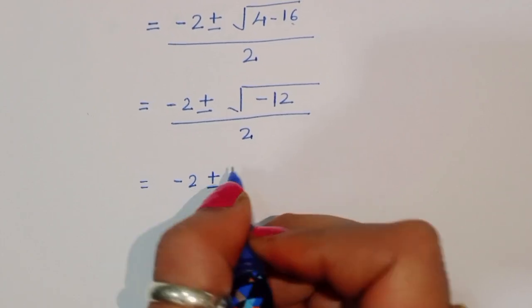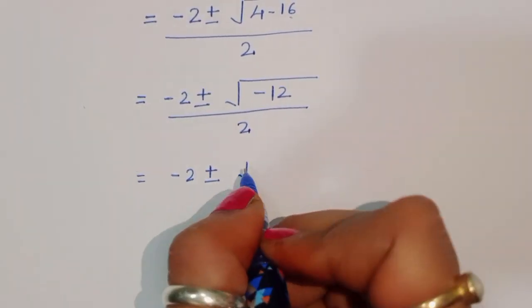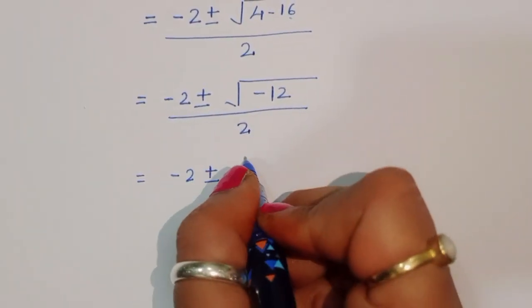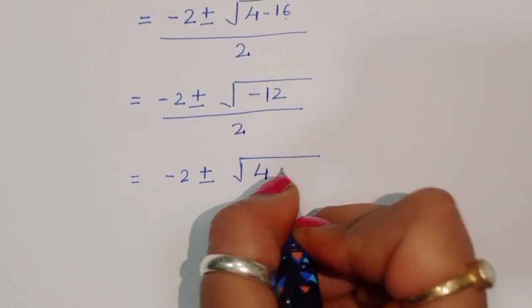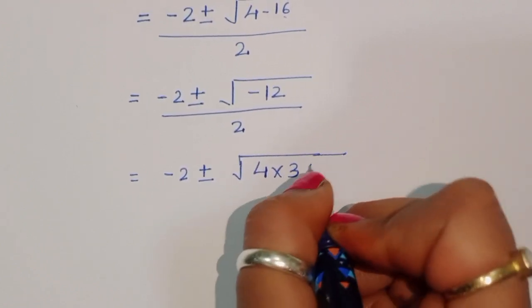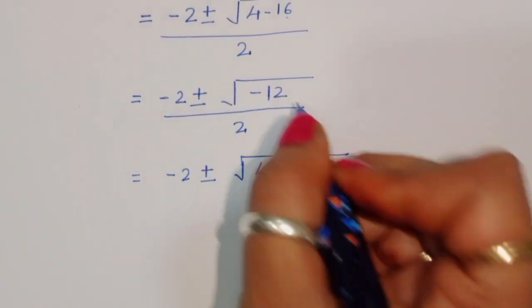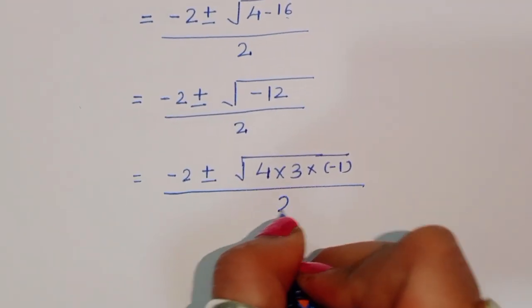Now this minus 12 we can write as 4 times 3 times minus 1, divided by 2.